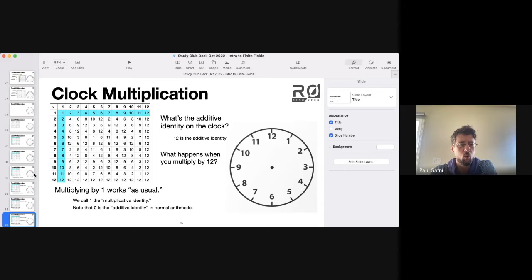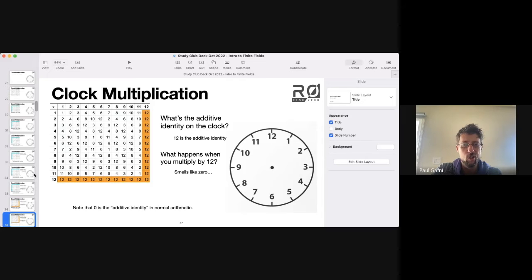And when we multiply by 0 in normal arithmetic, in other words, when we multiply by the additive identity, multiplying by 0 sends everything to 0. And it turns out that in multiplication on the clock, multiplying by 12 functions in the same way.